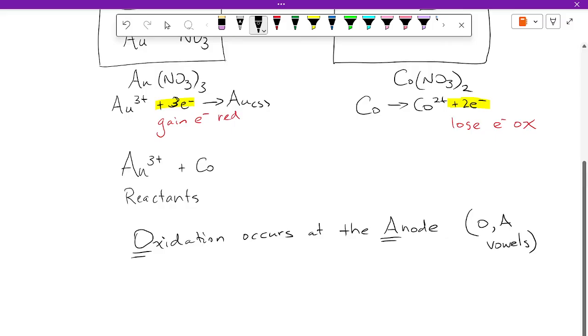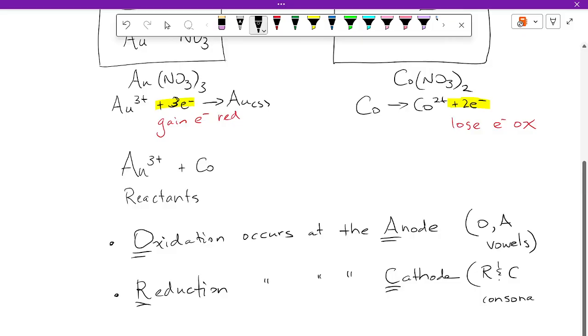So oxidation occurs at the anode. Reduction occurs at the cathode. R and C are both consonants.